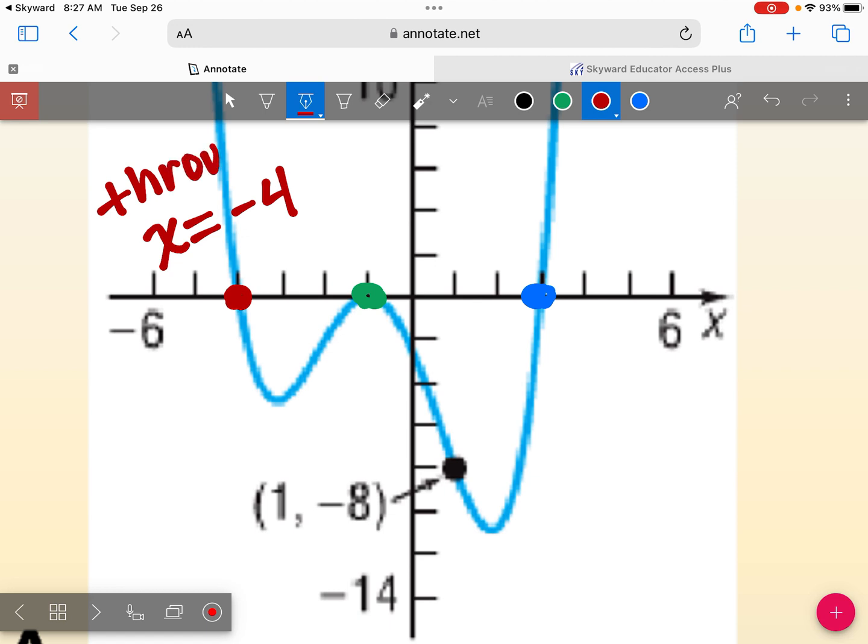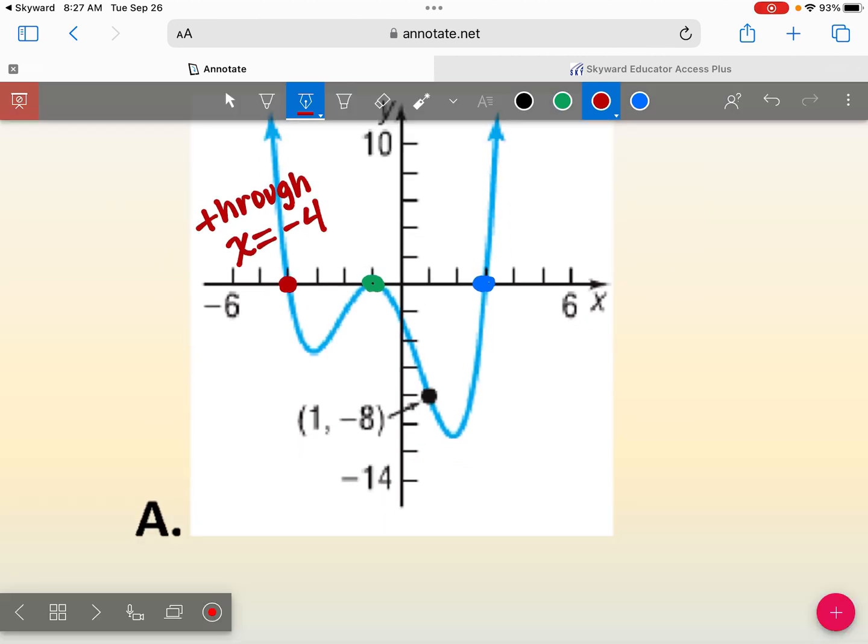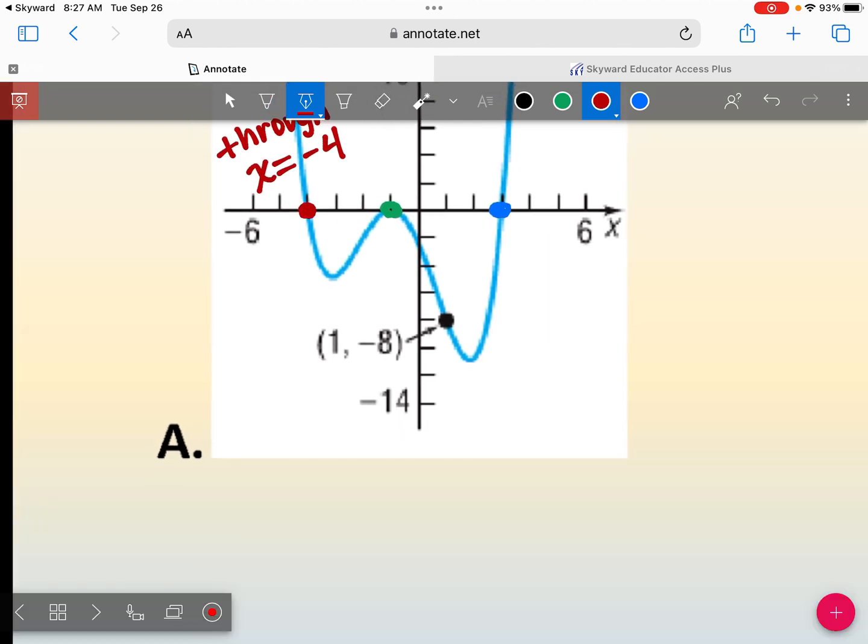Because it goes through, that means the multiplicity on the factor is 1. So I have y equals, and let's put the letter a because we're going to come back and figure out what a is later. That's my leading coefficient. If I have a zero at -4, that means my factor is x plus 4.